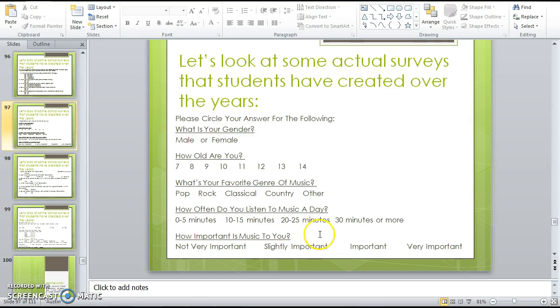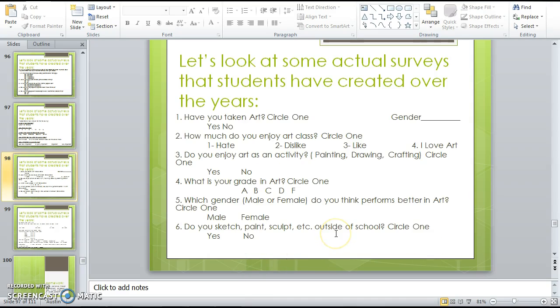Here's one where people did some different brackets. We've got a rating here, how many minutes, rating their importance on something. A little bit of yes or no, but now I'm giving my opinion on something. Another yes or no. It's not spaced enough.